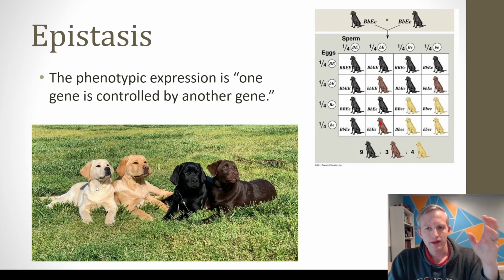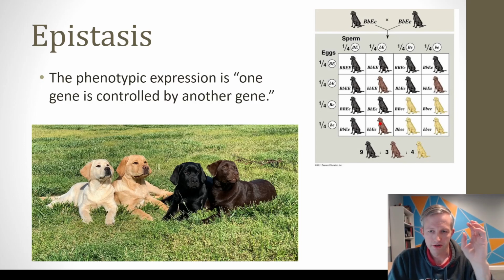The yellow lab has... if we look at this Punnett square here, this dihybrid, so they either have two big B's or they have a big B and a little b, or they could have two little b's. So let me start over with my explanation of this. If a dog has two little b's, he's a chocolate lab.